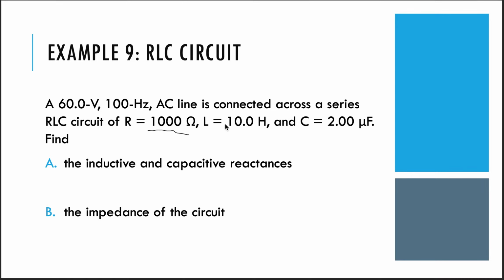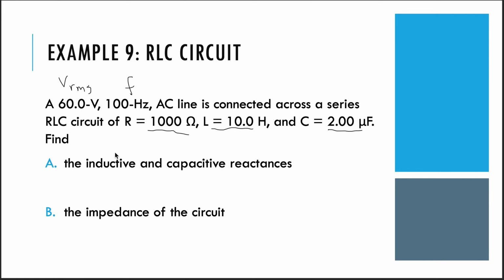We're given R, L, and C. The 100 hertz is the frequency. And we learned that if we're given the voltage of our AC line, that voltage is actually the RMS voltage. Remember the 120 volt line that we get from our outlets? That 120 volts is the RMS voltage.